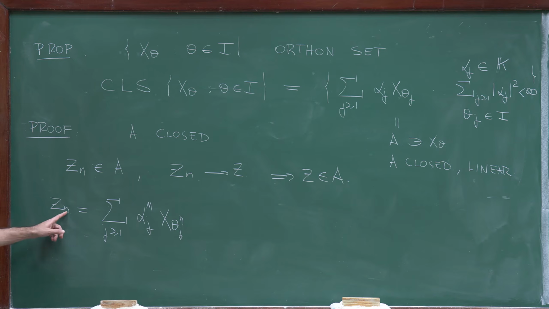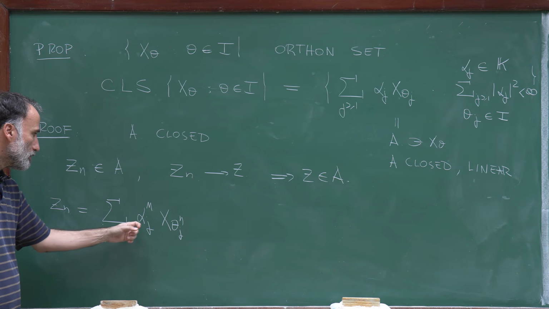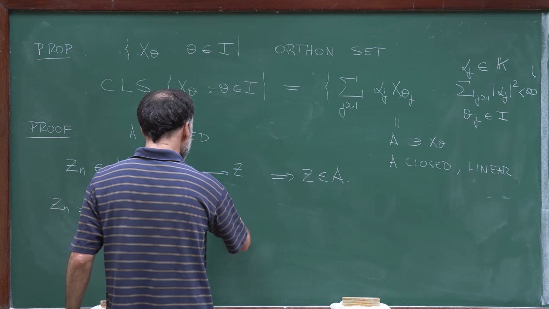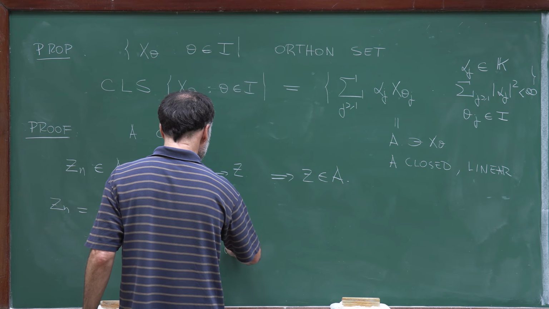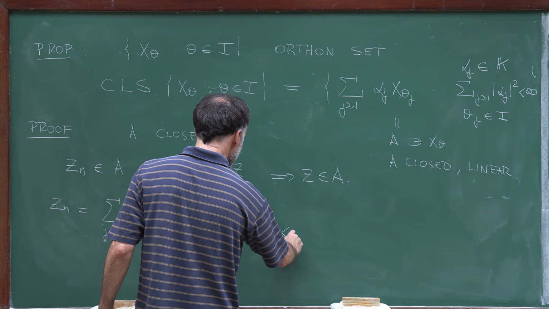For each fixed n, by definition of A, it can be written as such a sum where the sum over j of alpha n j squared is finite.